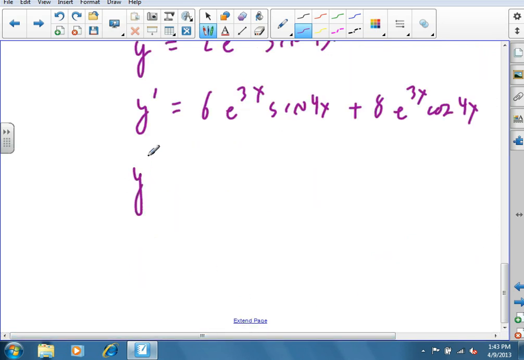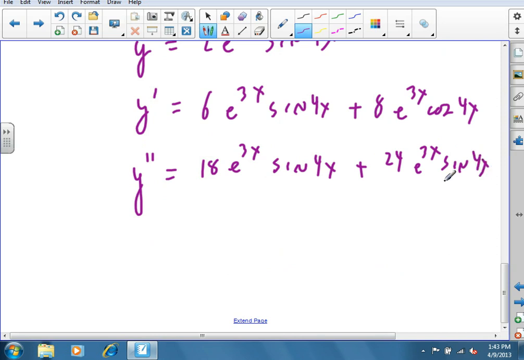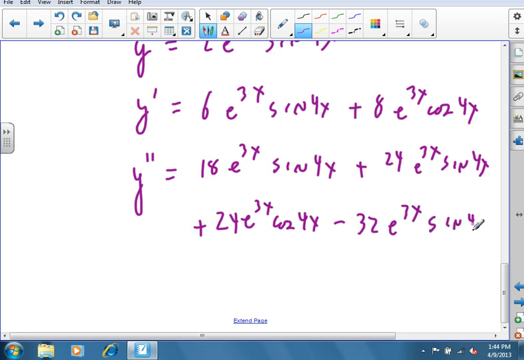And y double prime is 18 e to the 3x sine 4x plus 24 e to the 3x sine 4x plus 24 e to the 3x cosine 4x minus 32 e to the 3x sine 4x.